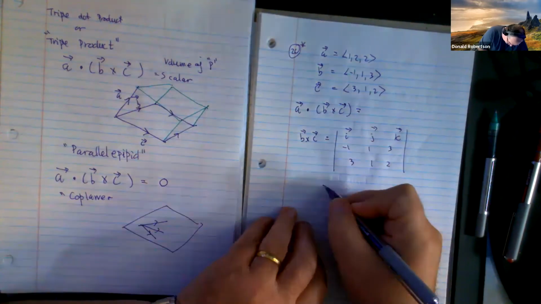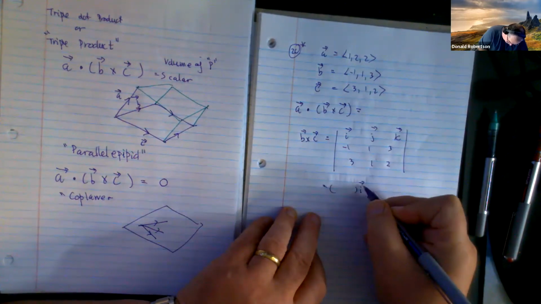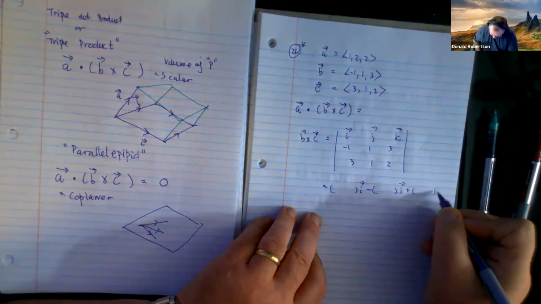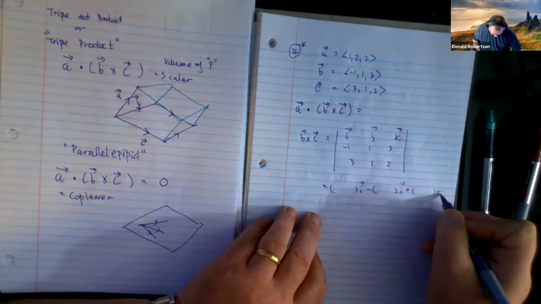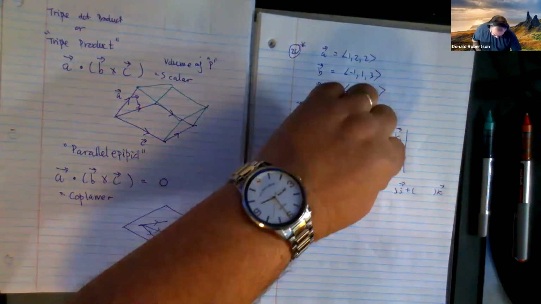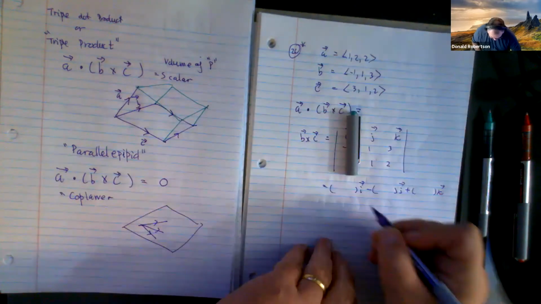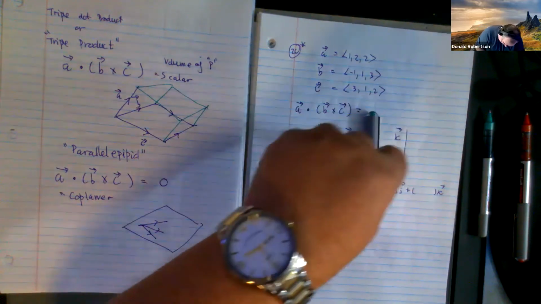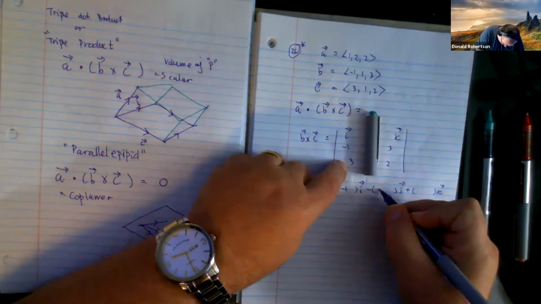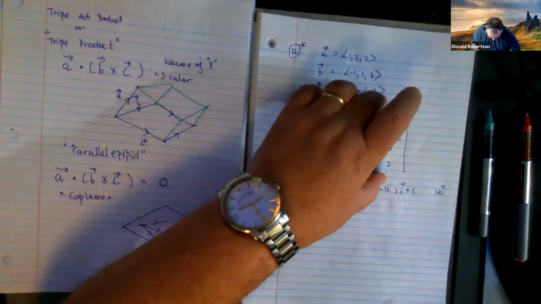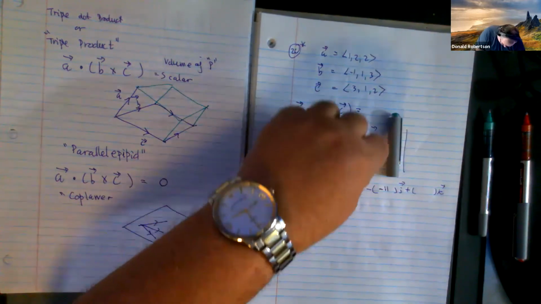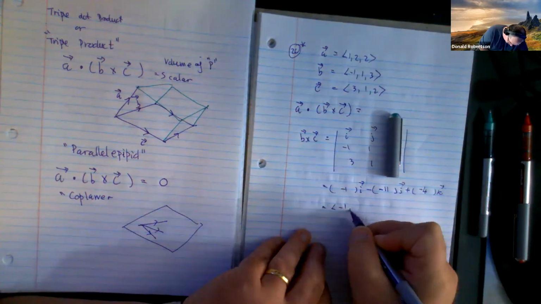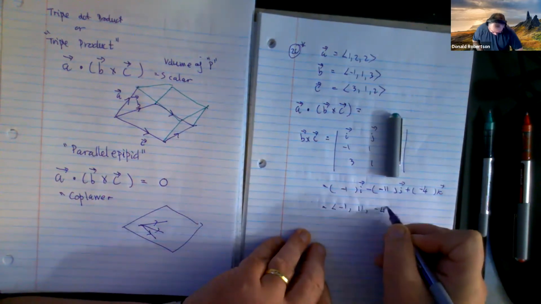And it's going to be so many i's, take away so many j's, plus so many k's. I'll cover that guy up. 2 take away 3 is -1. -2 take away 9 is -11. And -1 take away 3 is -4. So we get -1, 11, -4.